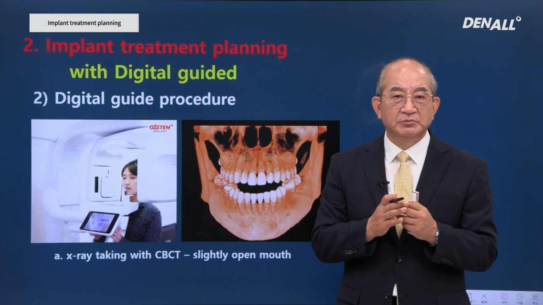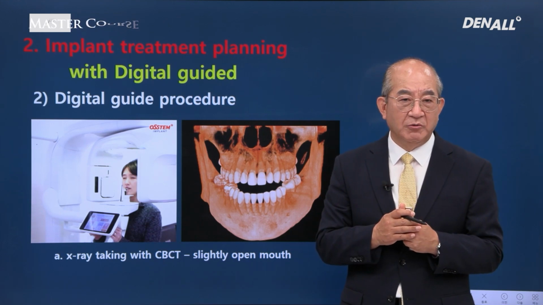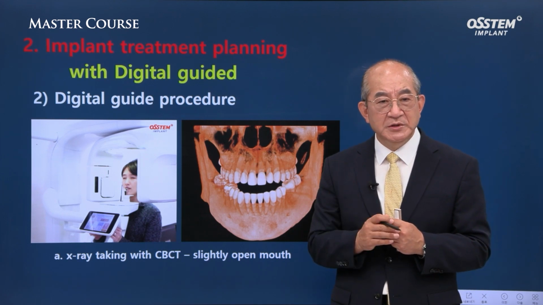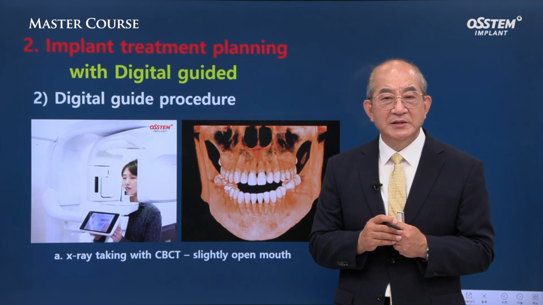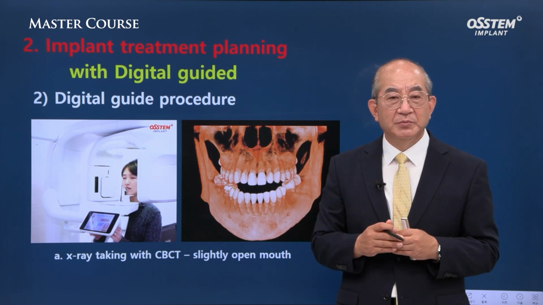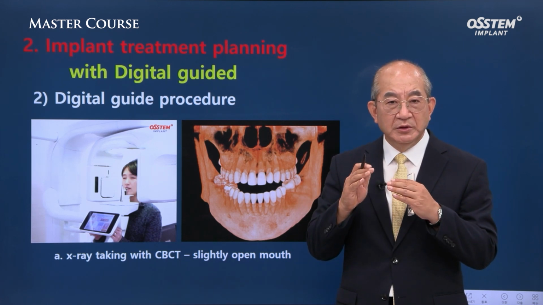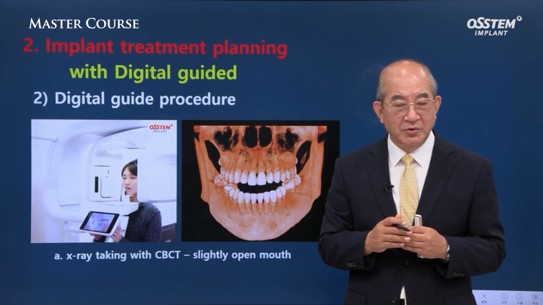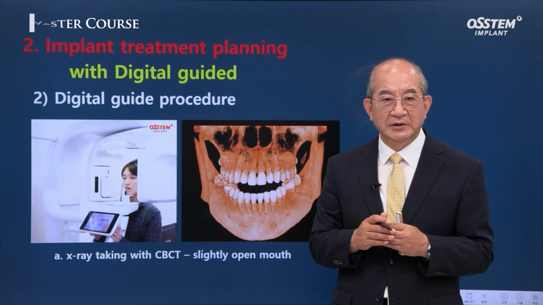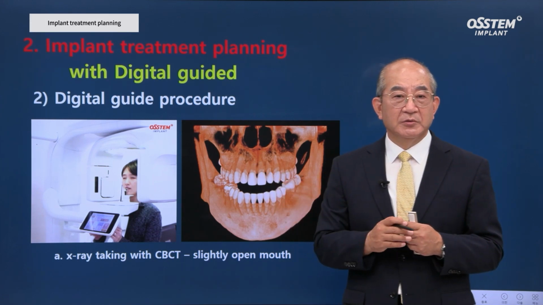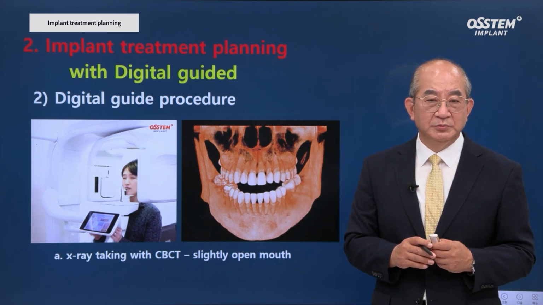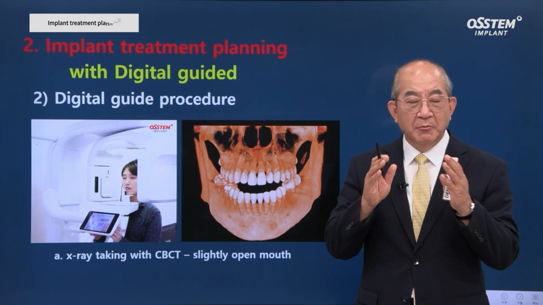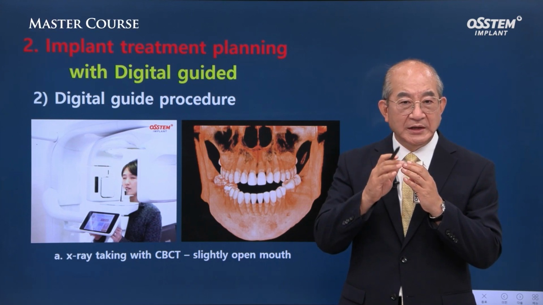That's why when you take X-ray using CT, you need to make sure that the patient does not close the mouth. You need to have the patient open his or her mouth slightly in order to avoid the possibility of data being overlapped. I would like to give you this tip. Those of you who do not have CBCT, I hope once you buy the CT, you remember the fact that the patient needs to open his or her mouth slightly. You need to have the patient bite on a block to get accurate data.